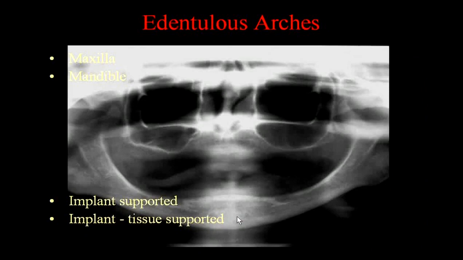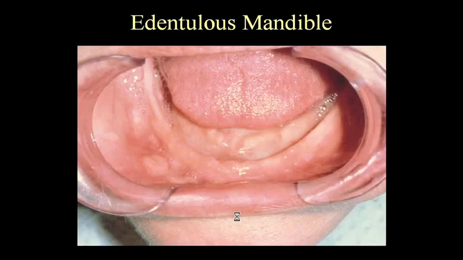What about edentulous arches? A little bit different, maxilla versus mandible. When I look at the mandible, in the anterior mandible we have very few anatomical limitations except for the mental foramen. The bone is good. We can live with short implants.